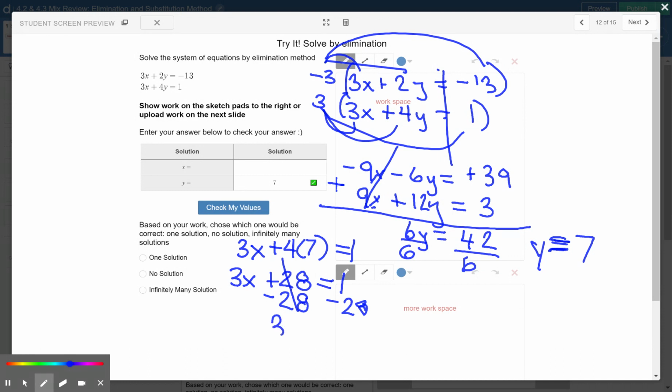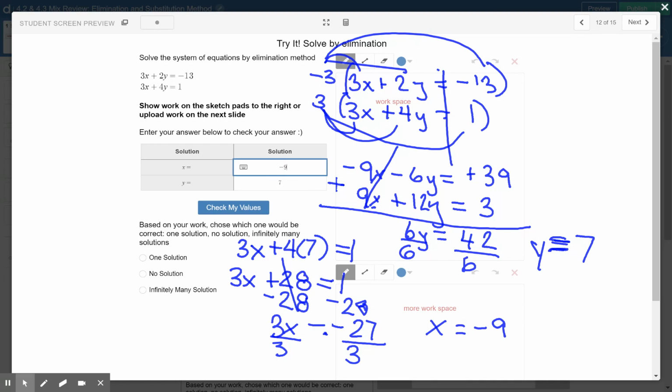You're going to get negative 27. And then we have one undo step, which is dividing by 3. So then we get x equals negative 9. Let's just confirm that. Now, since we have an x and a y, this will be a one solution, and you can write it as an ordered pair.